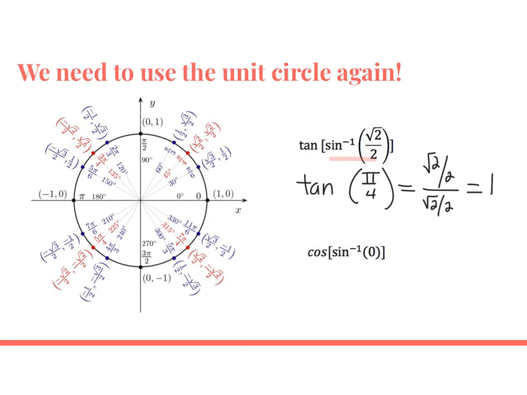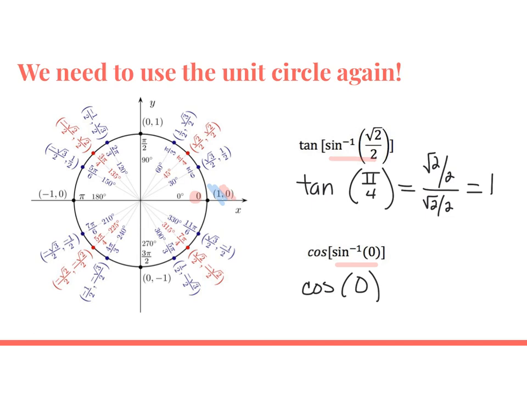Let's do one more example here. Again, we're going to start on the inside, so we're going to find inverse sine of 0. Sine is a y value, so we're going to find a y value of 0. That gets us to 0 degrees. Cosine is the x value.